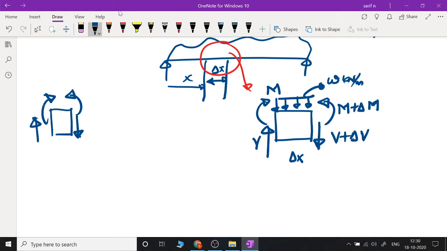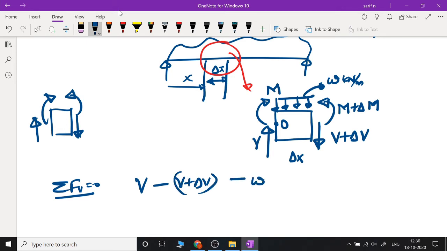Now this is a segment of the beam, and if the beam is in equilibrium, then this segment of the beam should also be in equilibrium. So let us evaluate the equilibrium of the segment. If we go for vertical equilibrium, V is acting in the upward direction, minus (V plus delta V) is acting in the downward direction, minus w into delta x is also acting in the downward direction, equal to 0.